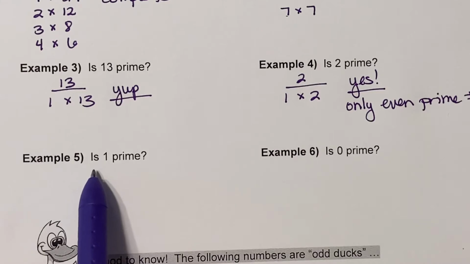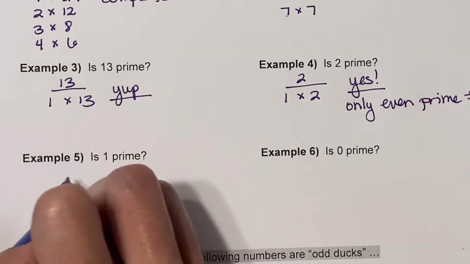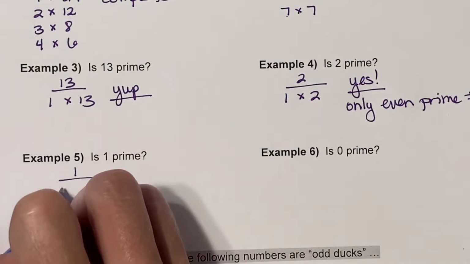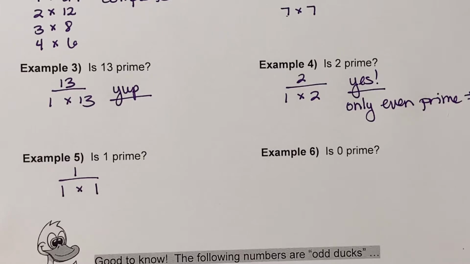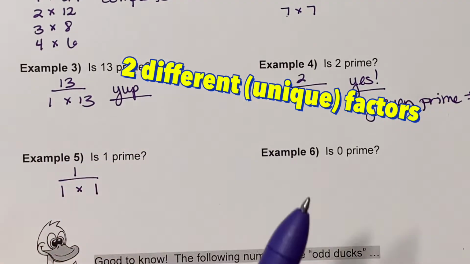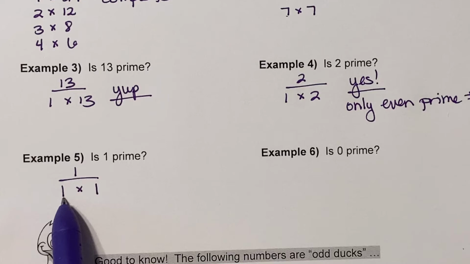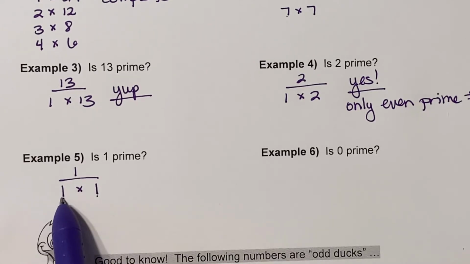Let's think of another one. Is 1 prime? 1 is also special. Let's list out the factors of 1. 1 times 1. Well, that's the only factor. And the definition was it has to have exactly 2 different, unique factors: 1 and itself, meaning this one has to be different than 1.